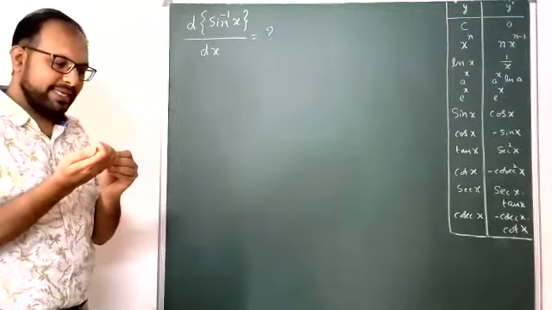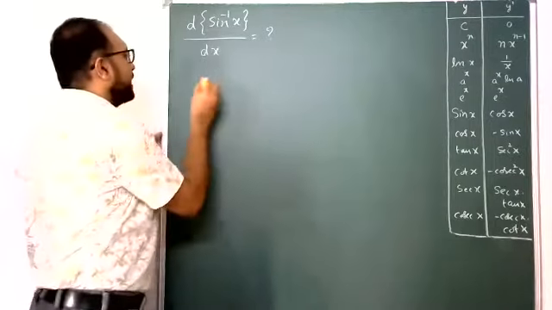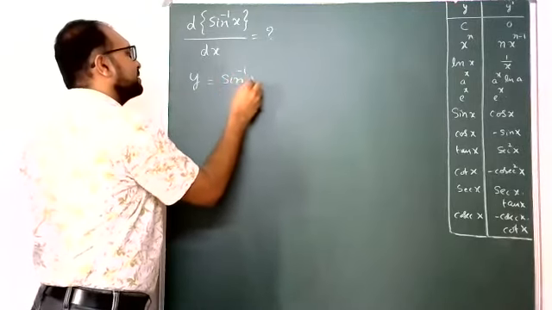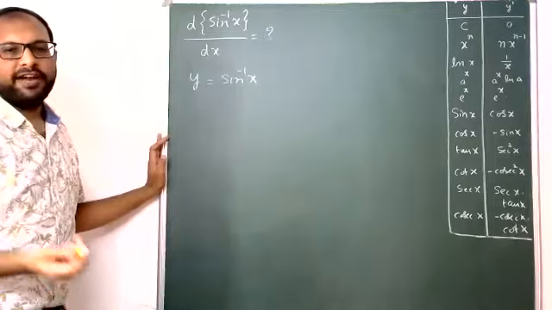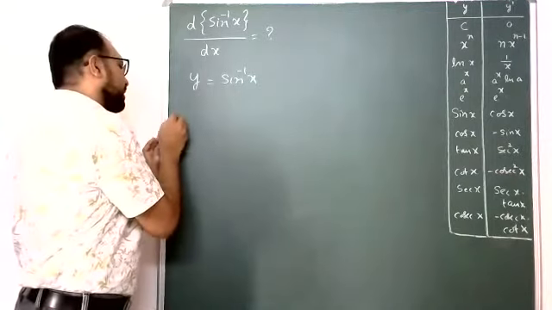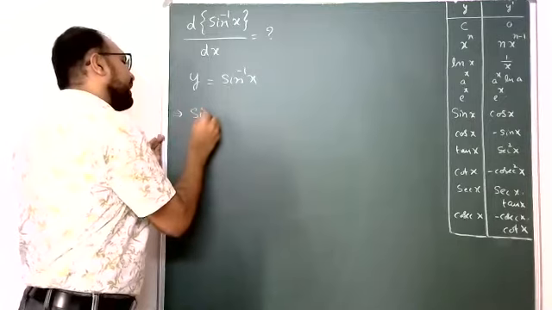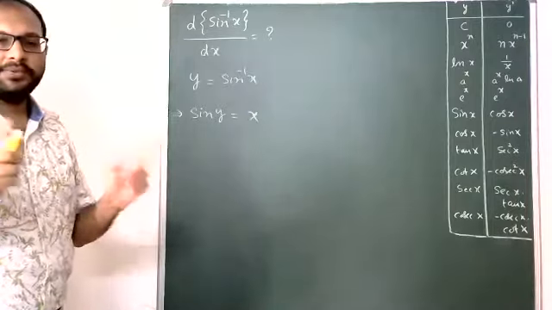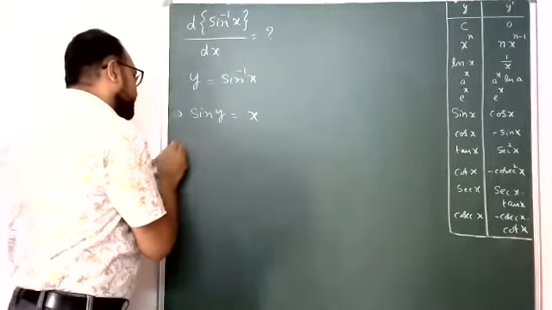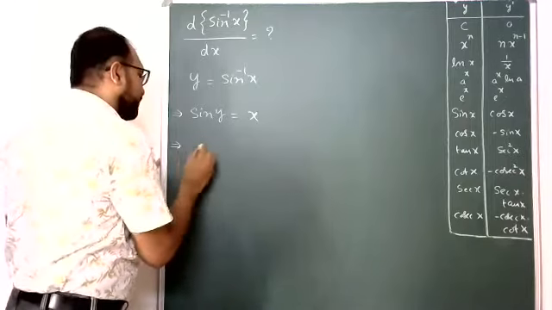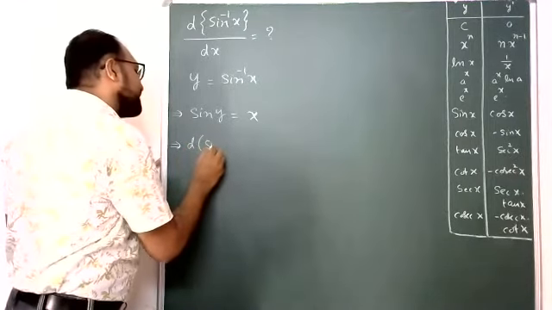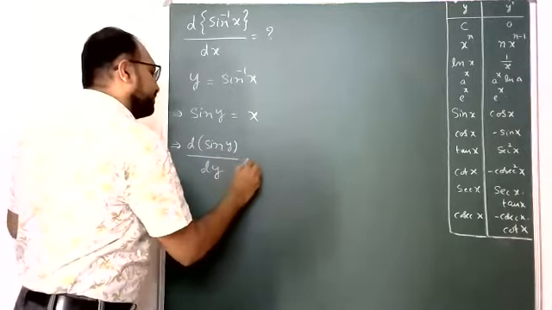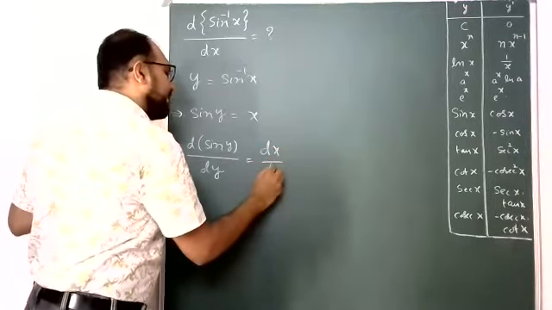For this, a method is there. Just wait. Now I am assuming y equal to sin inverse x. Let y equal to sin inverse x. Then sin y equal to x. Next, the derivative of sin y with respect to y, and on the right side dx by dy.